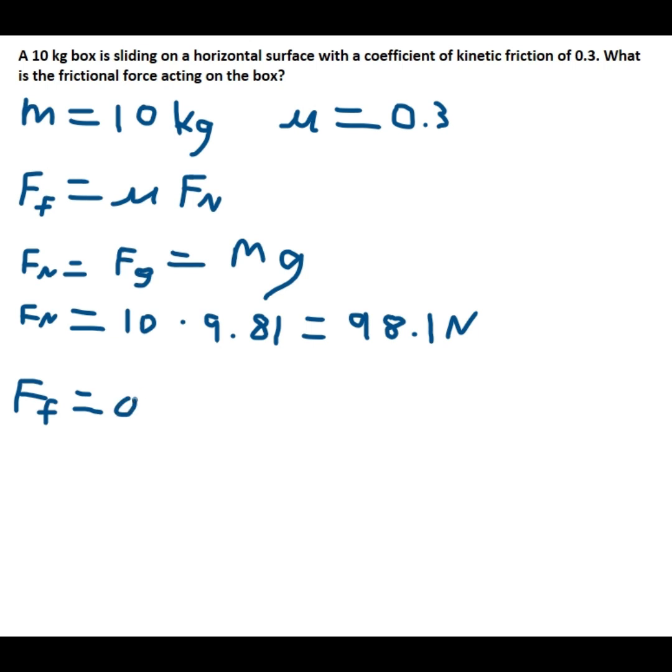This is equal to 0.3, the coefficient of kinetic friction, times the normal force, which is 98.1 newtons. And this gives us our answer of 29.4 newtons as the frictional force.